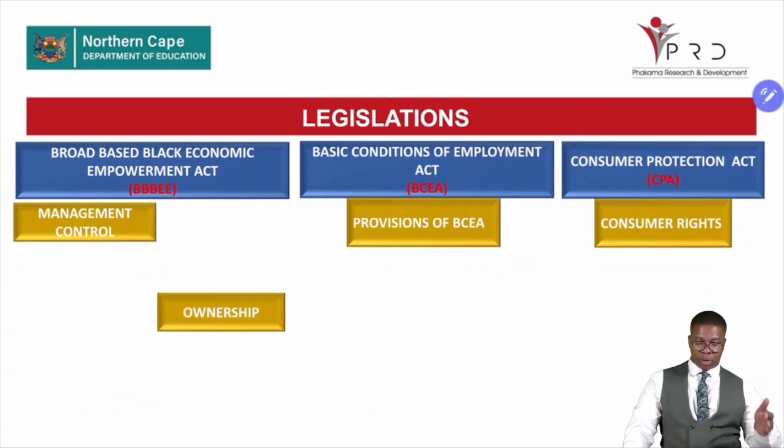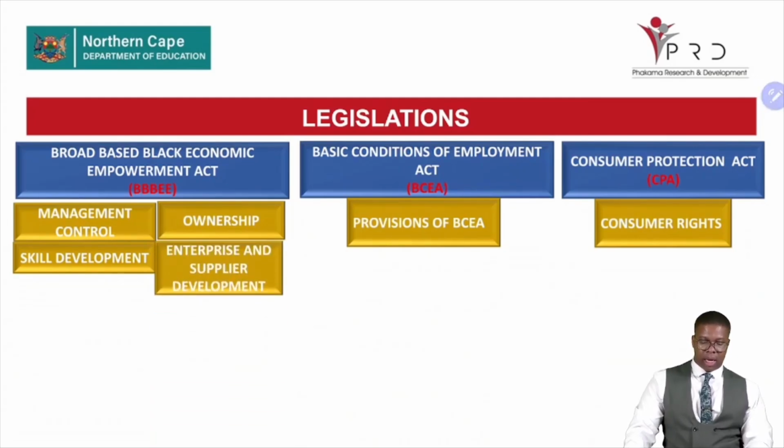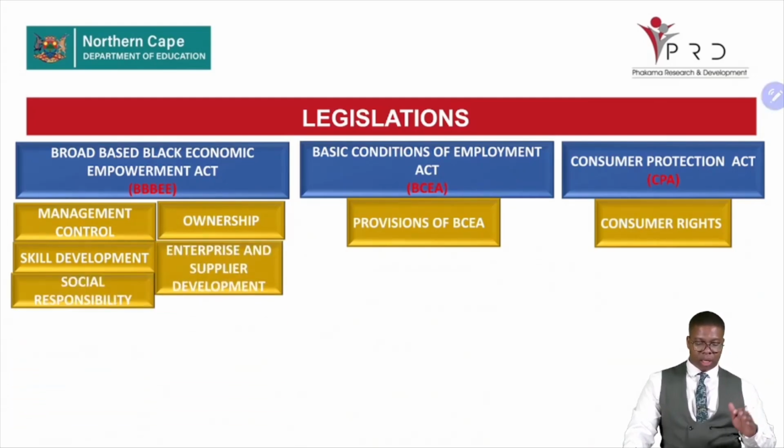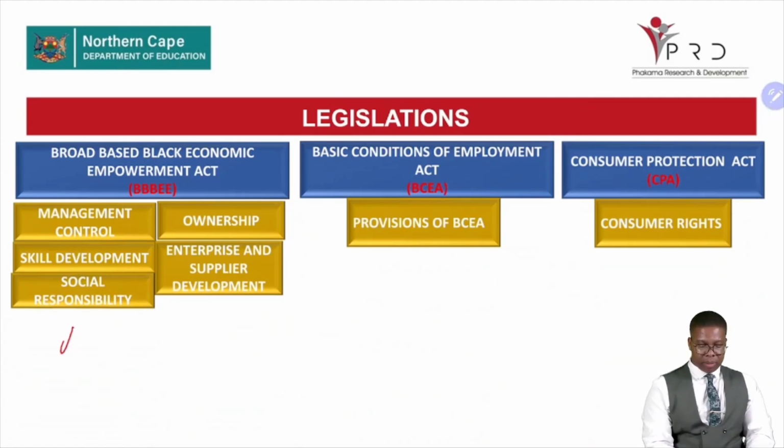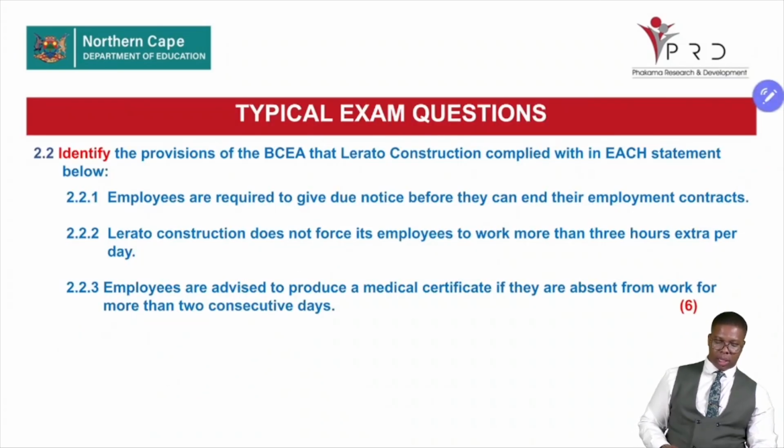This is management control together with ownership, together with skills development, and enterprise and supplier development together with social responsibility. Remember, we summarize them and call them MOSES, M standing for management control, the O for ownership, the S for skills development, the second S for social responsibility, and the E for enterprise and supplier development.